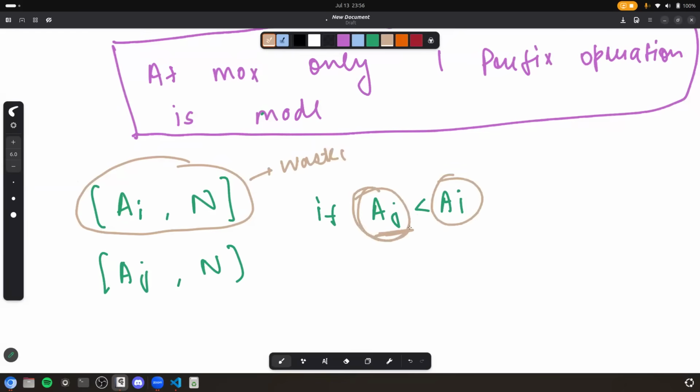So using this operation would be just better than using this operation, and this operation was a waste. So again, from this we proved that at max only one suffix operation.